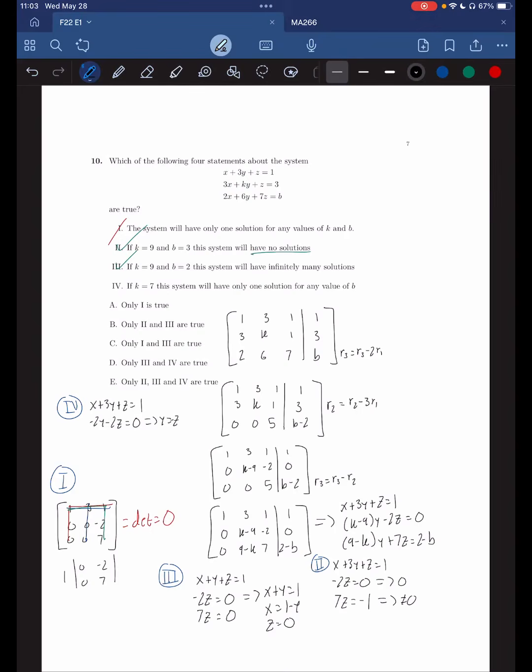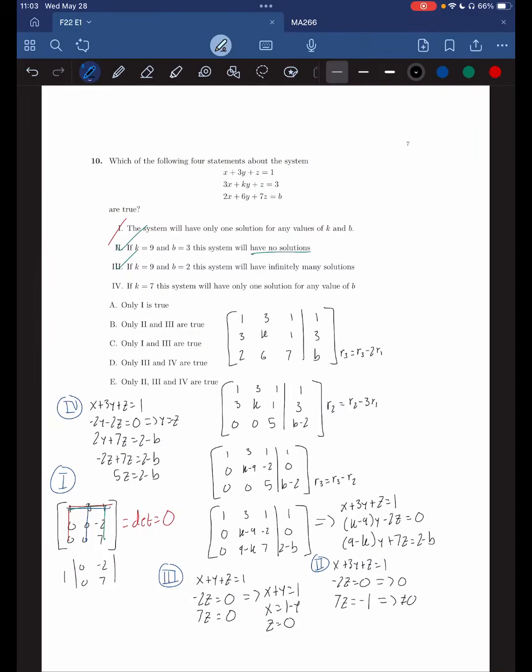And now you have k is equal to 7. So 2y plus 7z is equal to 2 minus b. But we know y is equal to minus z, so we can just say minus 2z plus 7z is equal to 2 minus b, which ends up giving us 5z is equal to 2 minus b.